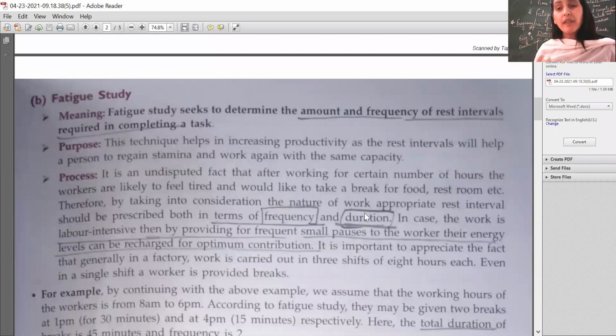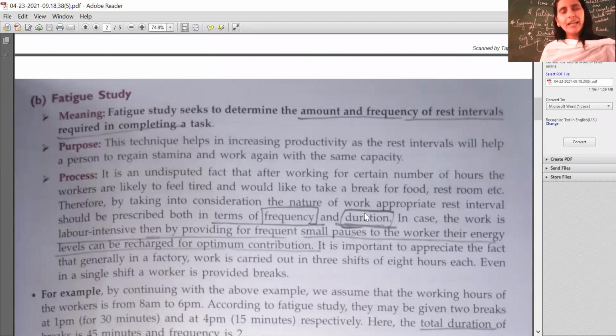If we give them break for longer period of time, like for example, duration of a break is more. Say I am giving them lunch break of 2 hours. What will happen? 2 hours they may go to sleep, and then once they will be awake, they again will not be able to work with full efficiency because they may lose interest in work.